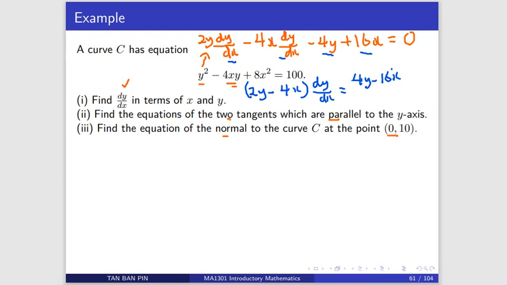To find dy/dx, you just divide by 2y minus 4x. So dy/dx is actually (4y minus 16x) over (2y minus 4x).